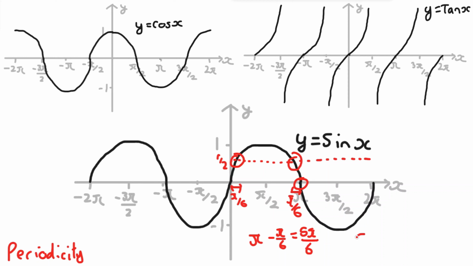So sin of 5π/6 radians is also equal to a half. You can put this into your calculator in order to confirm it as well. I'll talk about this more in the trigonometric equations video in this chapter.